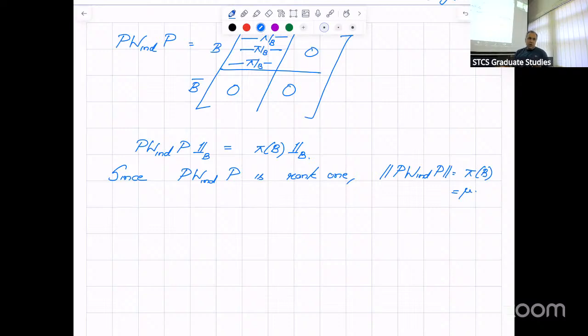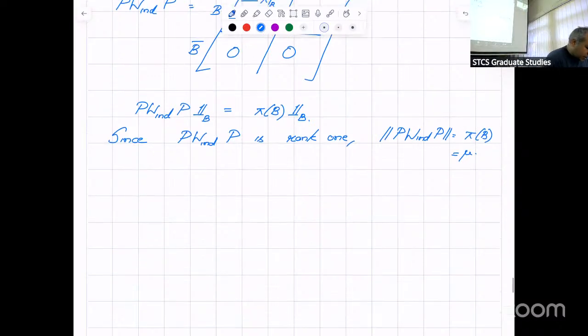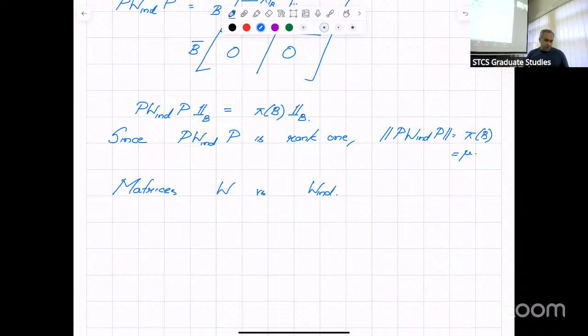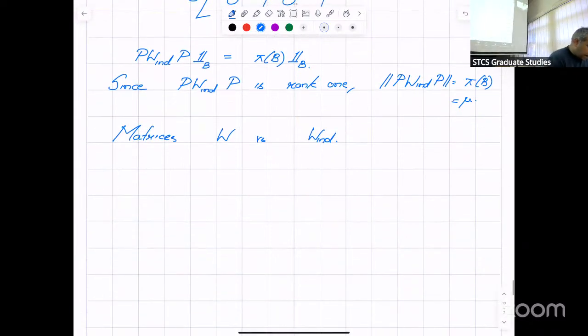One is W and W end. W end, I know how to analyze it. That's what happened right here. So let's look at the two matrices, W versus W end. W is a matrix operator.